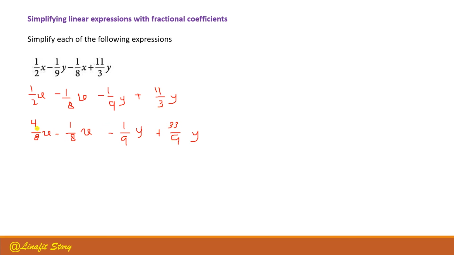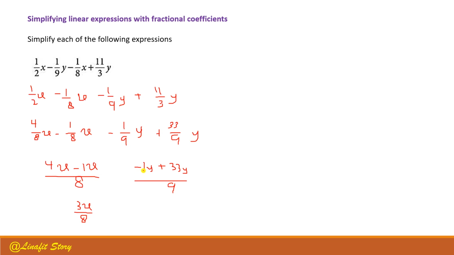Over here we get 4x minus 1x out of 8, negative 1y plus 33y out of 9. So now here we have 4x minus 1x is equal to 3x out of 8.